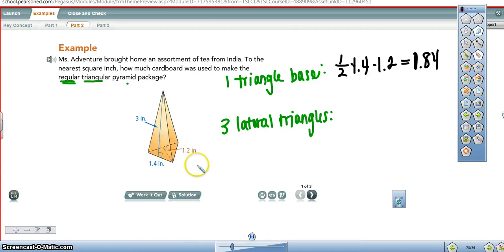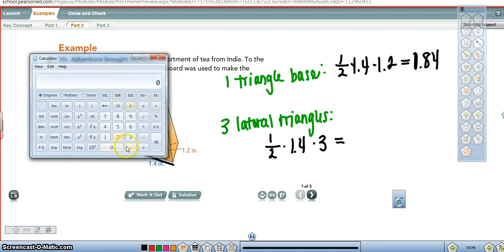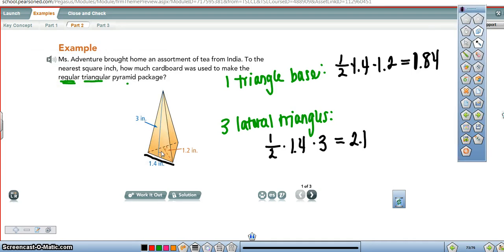Okay, but we also have some more triangles because we have the triangle sides, or what we like to call the lateral triangles. 1/2 times the base, 1.4, times the height, 3, one half times the base times the height equals, oh, did I do that right? 1/2 times the base times the height, there we go, is 2.1 for the area of one lateral triangle.